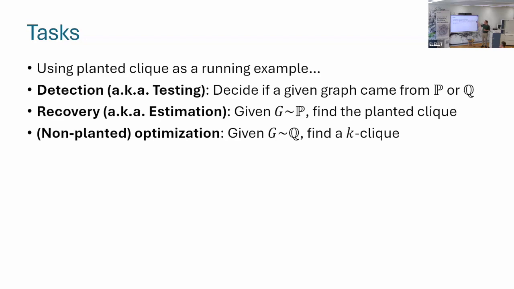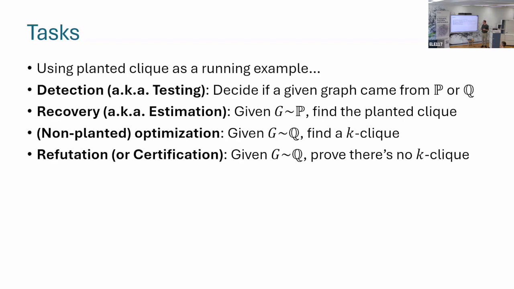So you can imagine that the recovery question would be interesting for somewhat larger values of the clique size. The planted clique should be bigger than the biggest naturally occurring clique. Whereas here, we're just trying to find a naturally occurring clique, and so we hope to find something much smaller.